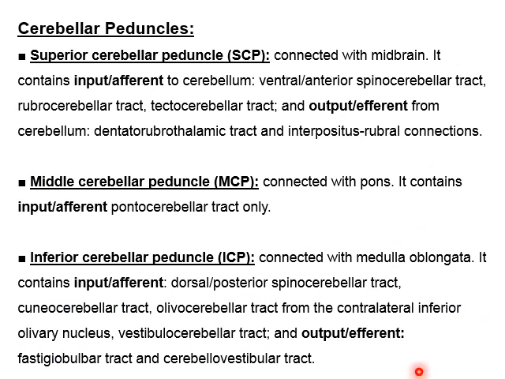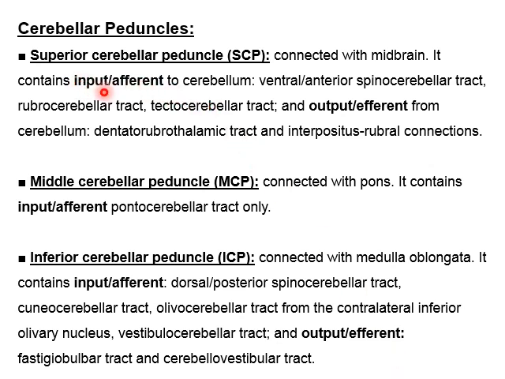This slide shows you the contents of the cerebellar peduncles. The cerebellar peduncles are three: superior, middle, and inferior cerebellar peduncle. The superior cerebellar peduncle connects the cerebellum with the midbrain, and it has input or afferent to the cerebellum.